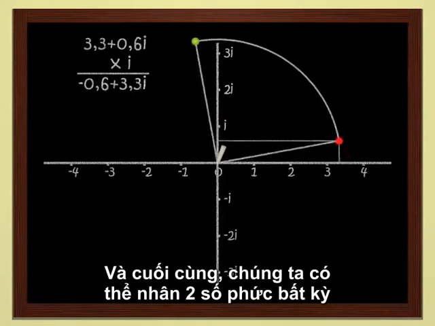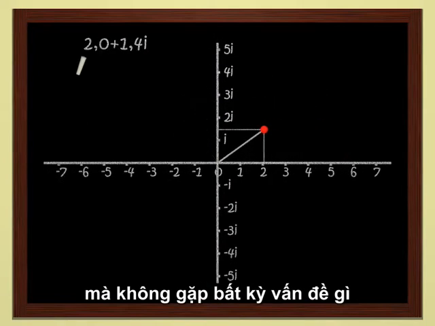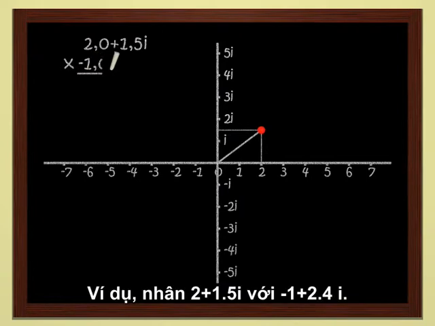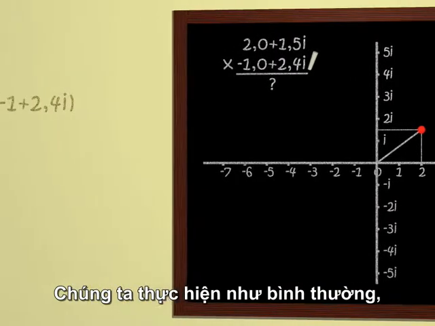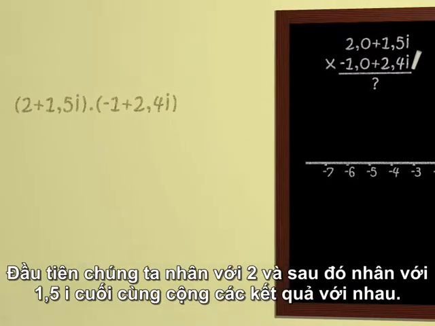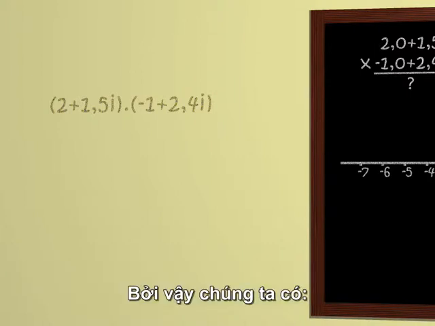And finally, we can multiply any two complex numbers with no problem whatsoever. For instance, let's try to multiply 2 plus 1.5i and 1 plus 2.4i. We proceed as usual. We first multiply by 2 and then by 1.5i, and we add the results.